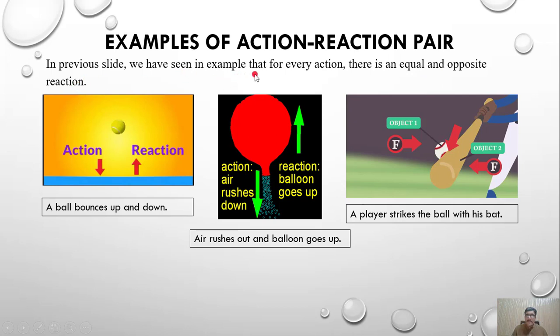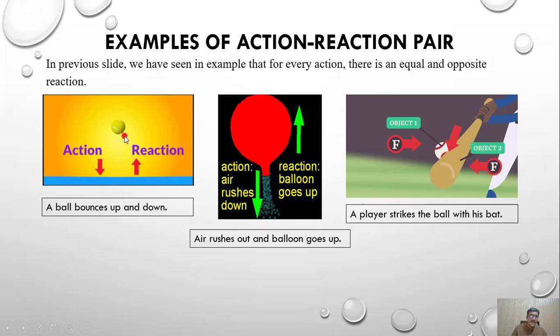In the previous example, the boy was applying some force to the wall, that was the action, and the same amount of force was exerted by the wall on the boy in the opposite direction, so there was a reaction. The same is going to be applied in these examples.